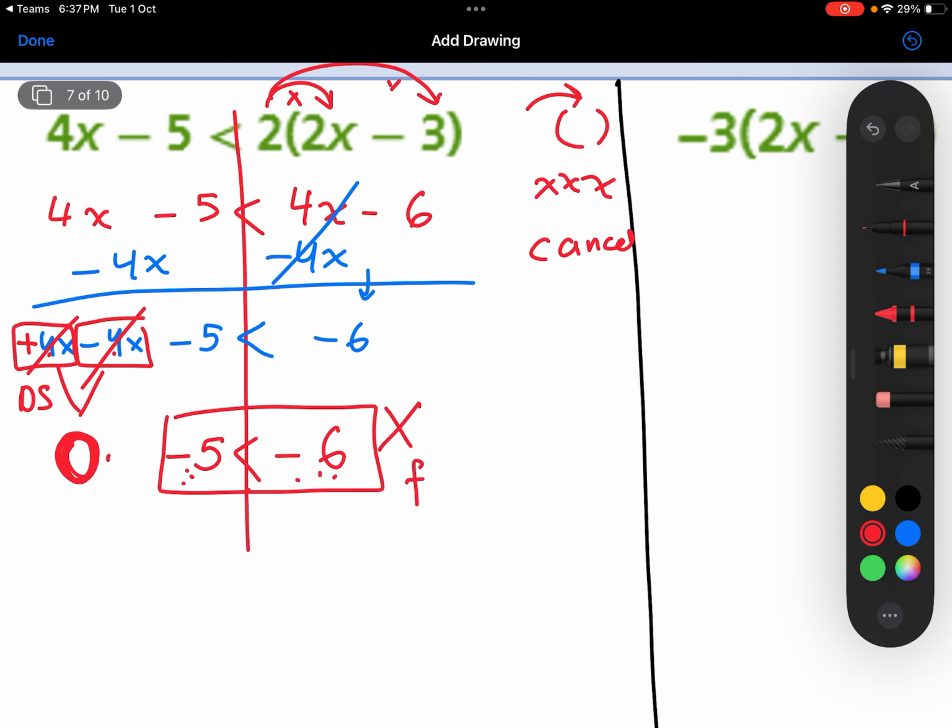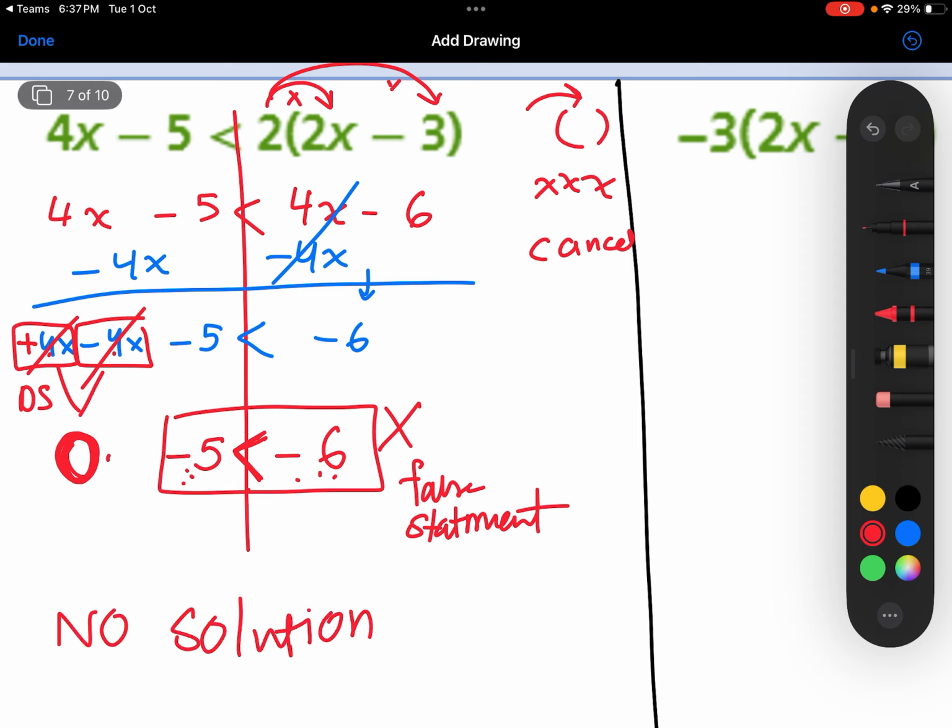It's a false statement. Since it's a wrong statement, it's not correct, it's not true, then we call it a no solution inequality.